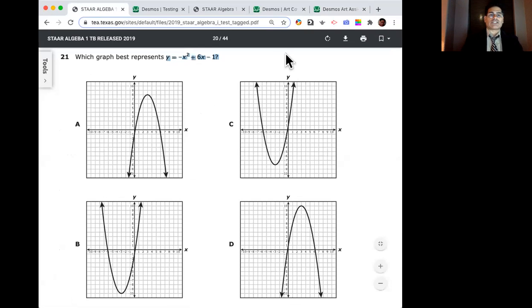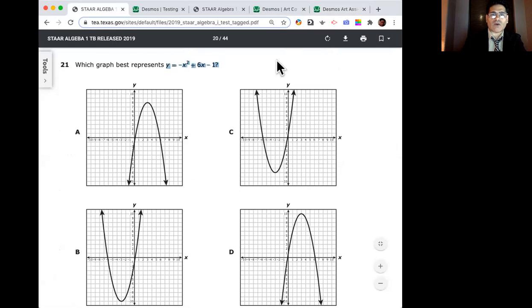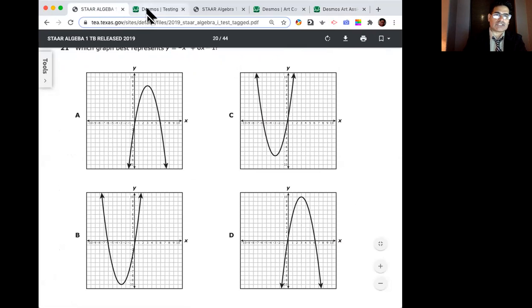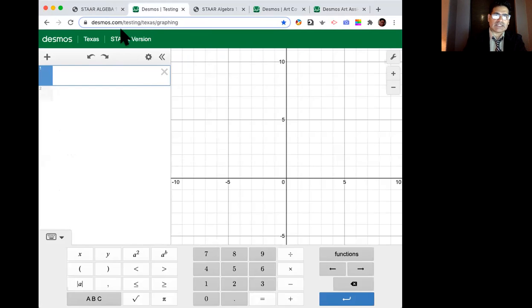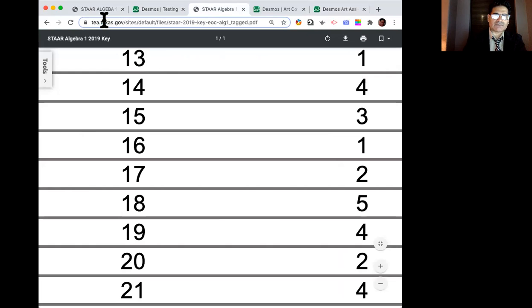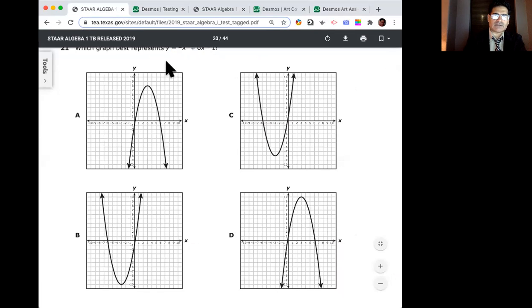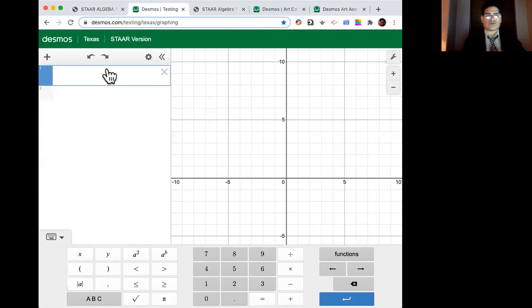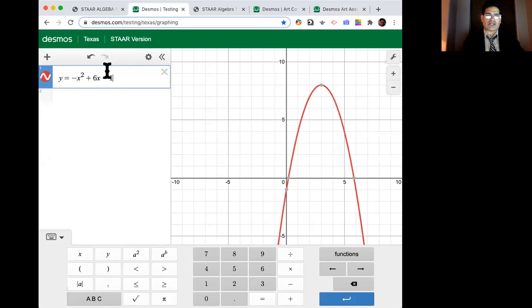And so the next question asks us, which graph best represents y equals minus x squared plus 6x minus 1? Looks very straightforward. Looks like you could just enter that into the Desmos calculator. You can open up a new calculator document, testing calculator, and we put it right in there.